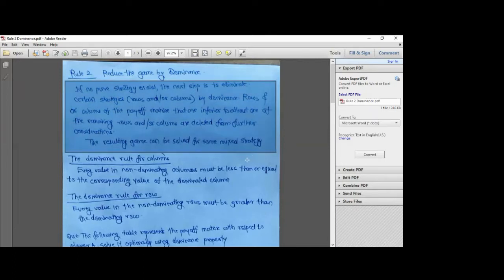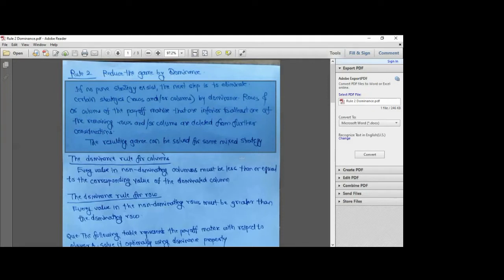If no pure strategy exists, the next step is to eliminate certain strategies, rows or columns, by dominance, right? Rows or columns of the payoff matrix that are inferior to at least one of the remaining rows or columns are deleted from further considerations, and the resulting game can be solved for some mixed strategy.